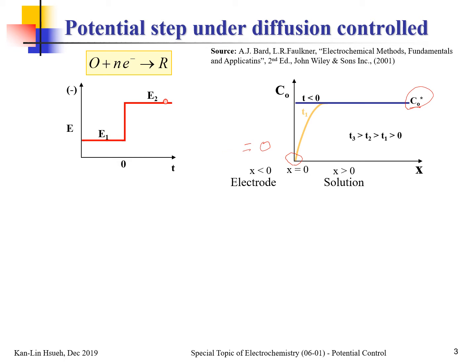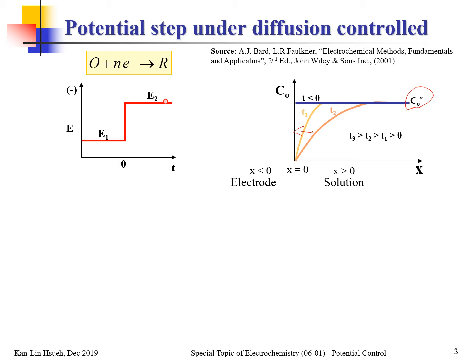As time goes by, at T2, the concentration profile in the solution makes the orange line, because the O species was consumed at the electrode surface, so it has to diffuse and replenish the O species consumed at the electrode surface.